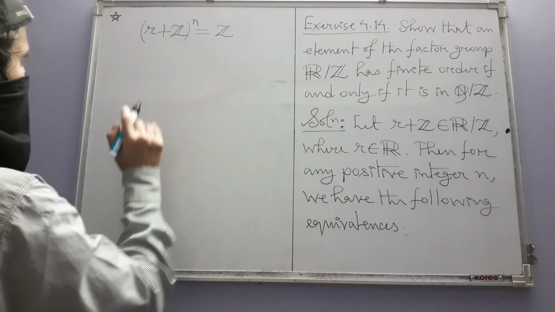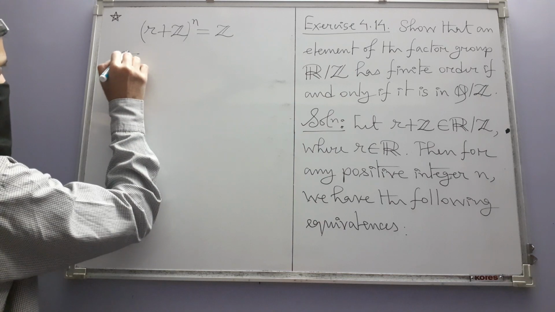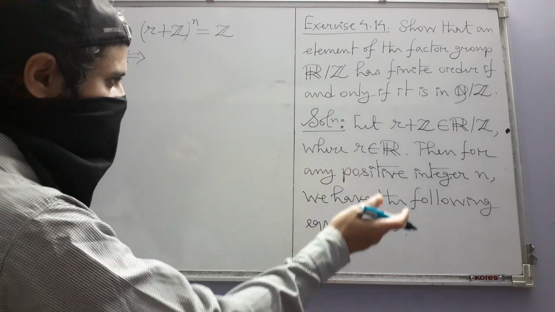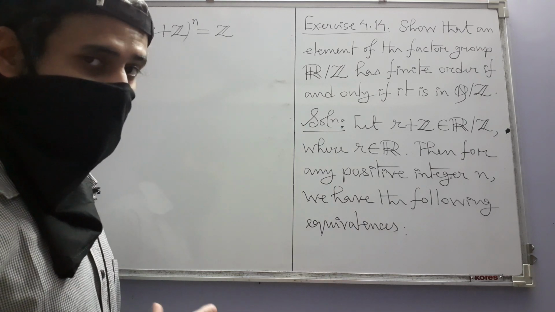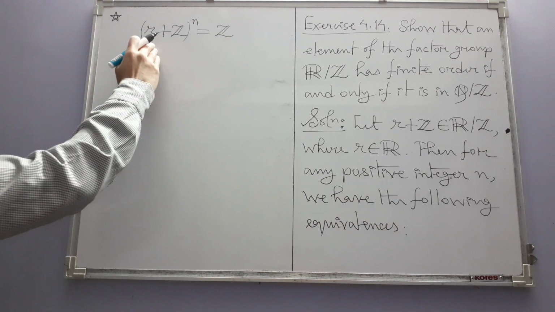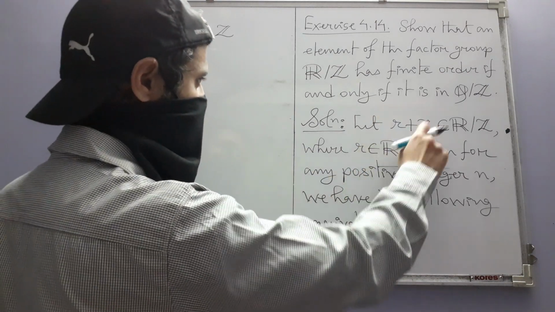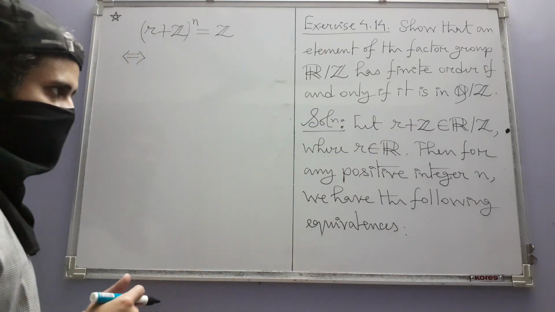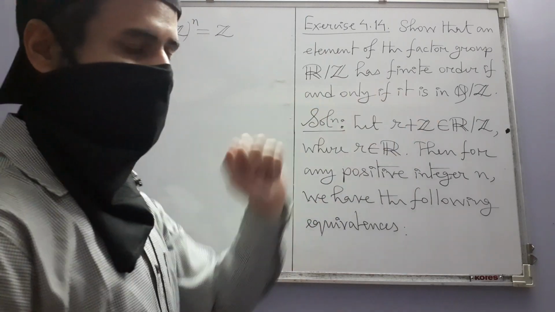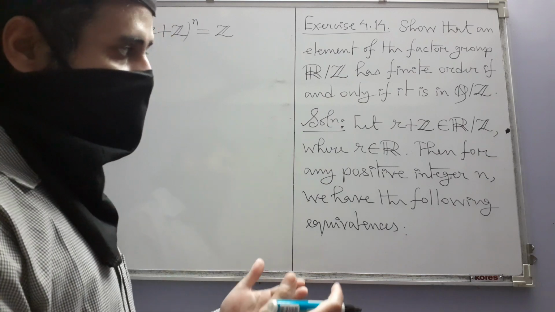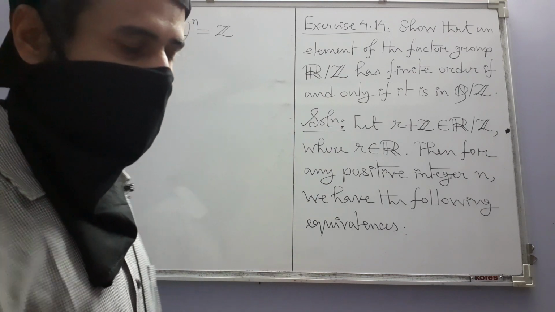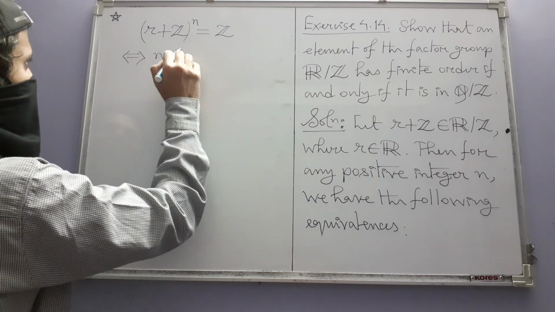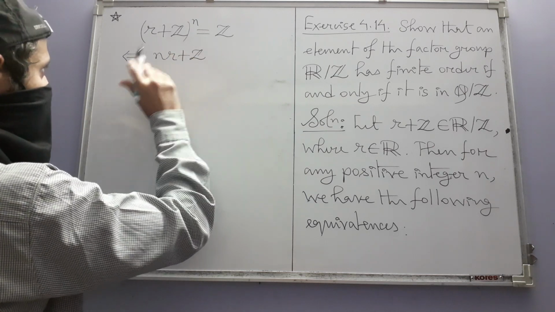Okay, let us now see what this condition becomes. Keeping in mind that this power we are calculating in the group in which the binary operation is addition, or actually it's not ordinary addition but something derived from ordinary addition, when you calculate the nth power of r plus z, you add n copies of r plus z, and that ultimately gives you nr plus z, not r to the power n.